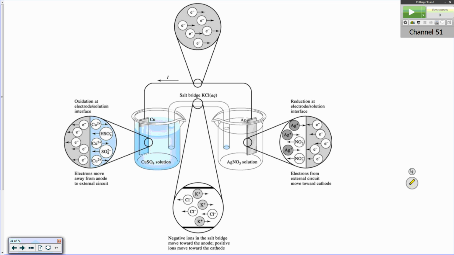So if you want to take a breakdown of that, you've got the flow of electrons occurring inside of the conductors. Right? You've got oxidation occurring at one electrode, where the electrons are being given up and flowing away, so you have a direction of electron flow in this direction. And on the other side, you've got the electrons being accepted. As the electrons are being accepted, the silver cation actually adds onto this surface.